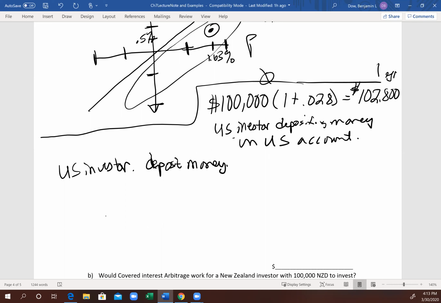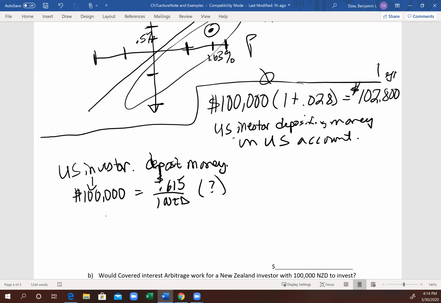So the first thing we have to do is figure out, if we have $100,000 and the current spot rate is 0.615, that's US dollars per 1 New Zealand dollar, how many New Zealand dollars can we get with $100,000?